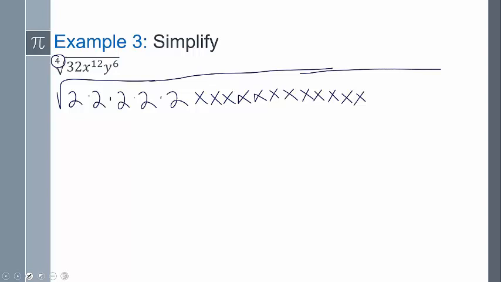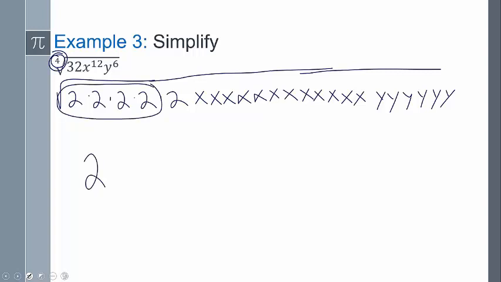And with my y, I have 6 of them. 1, 2, 3, 4, 5, 6. So, 4th root means you need to have 4 of them. So that gives me a 2. I still have this inside the 4th root.